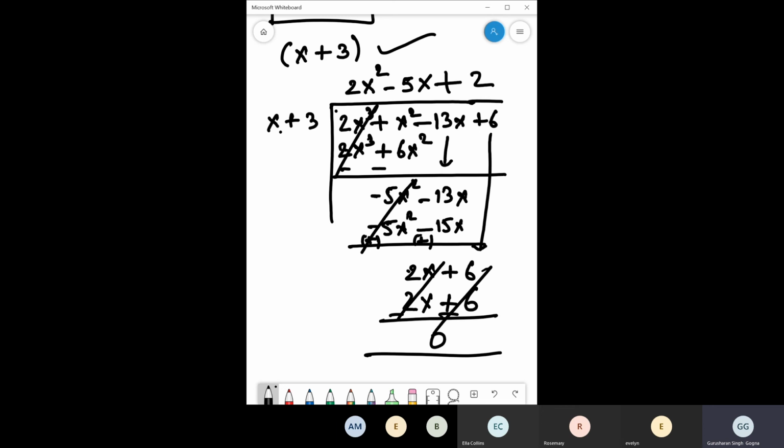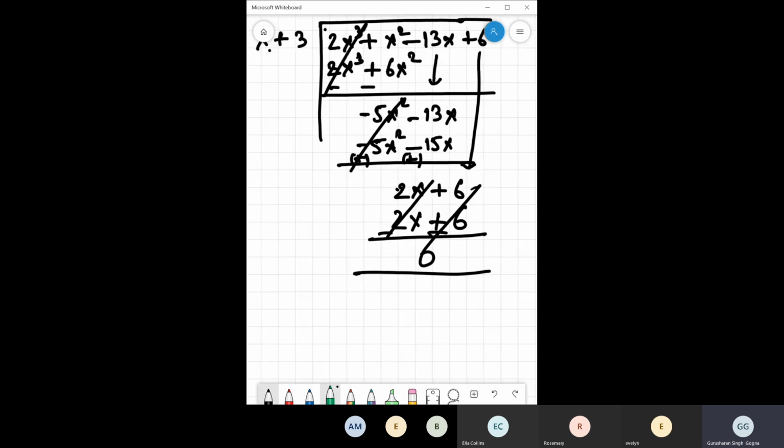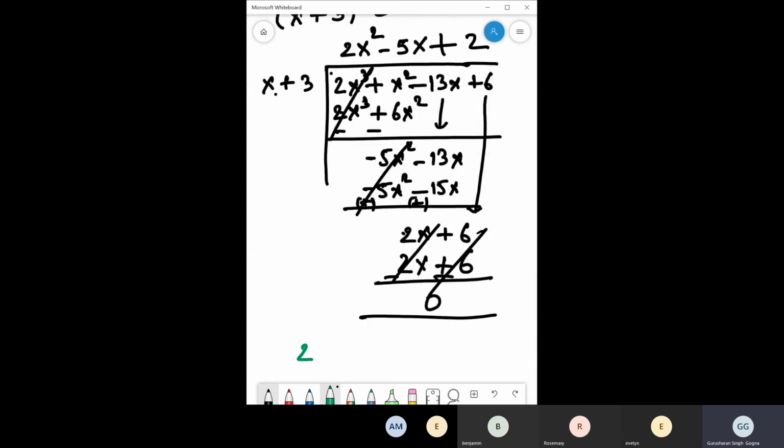So the other two factors are presented as a quadratic expression there, 2x squared minus 5x plus 2. So what you need to do then? You need to solve this: 2x squared minus 5x plus 2.